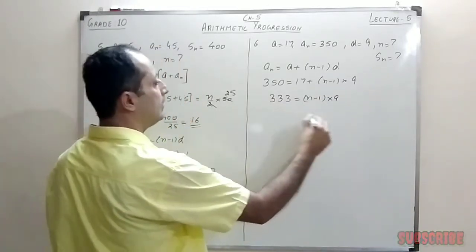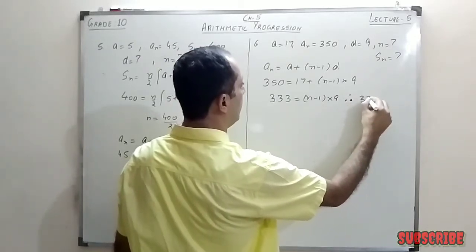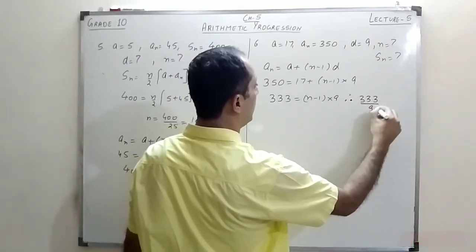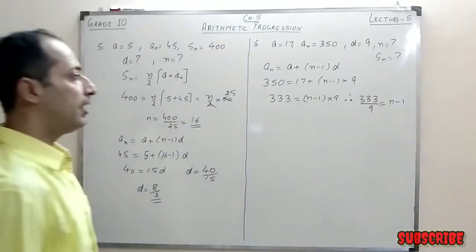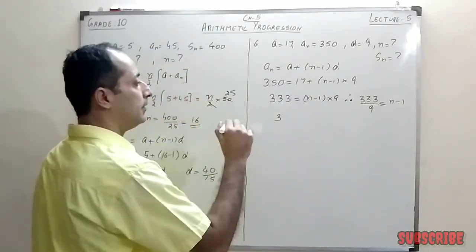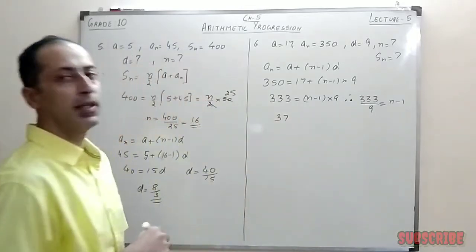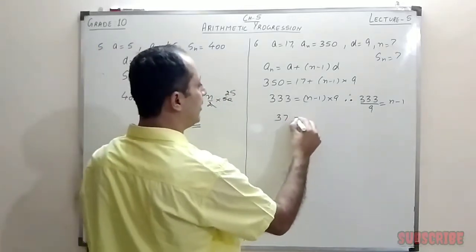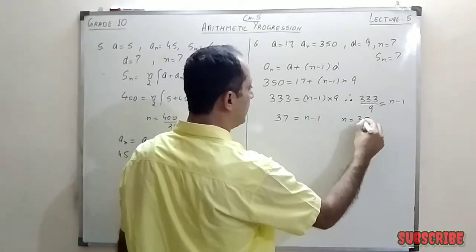We divide by 9 this side. So I can say 333 upon 9 equals n minus 1. Now with this division, we get 37. So 37 equals n minus 1. This means n will be equal to 38.